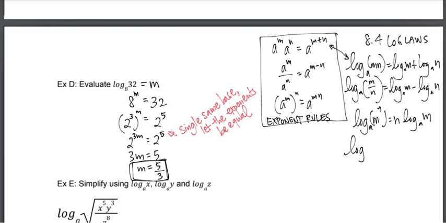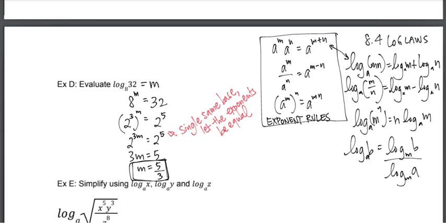And one more rule that we learned is, let's say log base a of b is equal to log base m of b over log base m of a. And so this is really a useful rule if we're trying to evaluate logarithms.